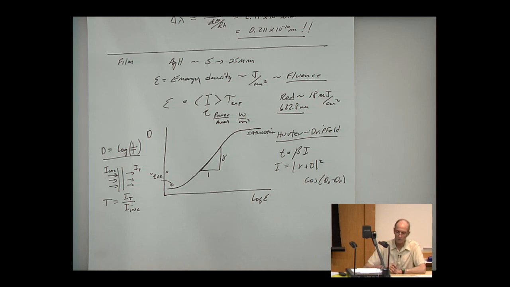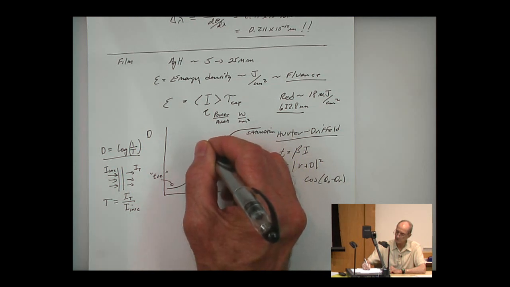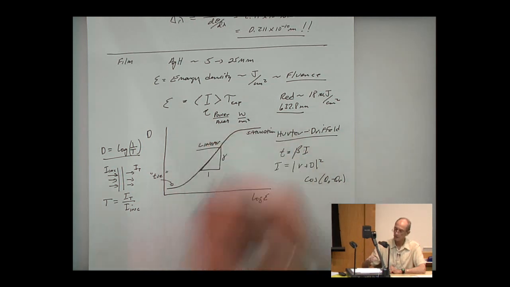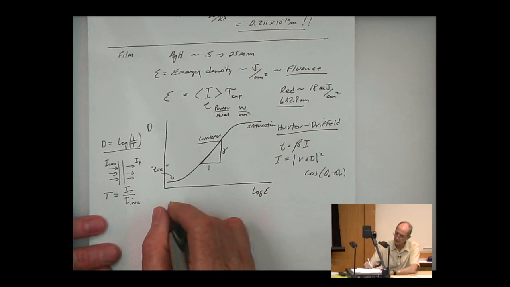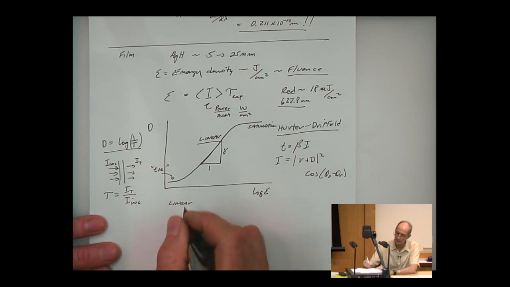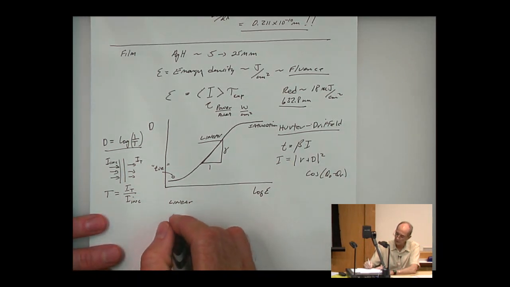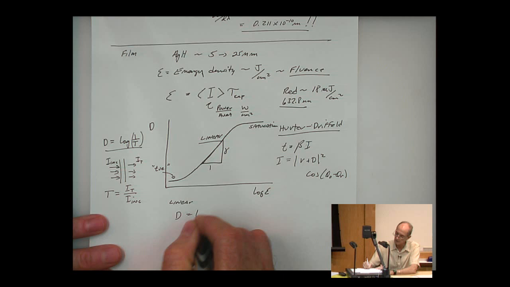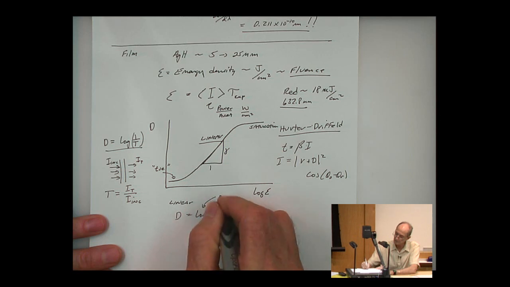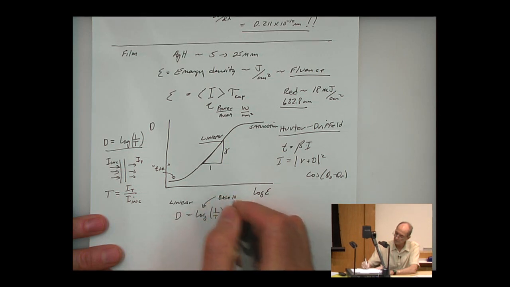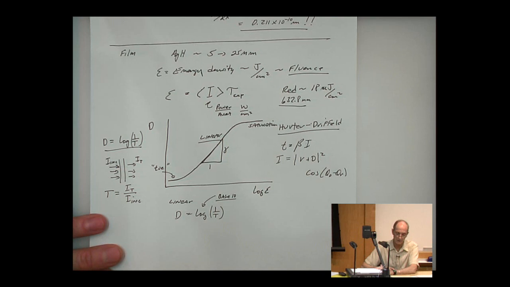Okay, so ideally we want to operate in this linear region of this characteristic response. So in that linear region, we have again, density is equal to the log of 1 over t. And by the way, this is base 10, not natural logarithm, but base 10.